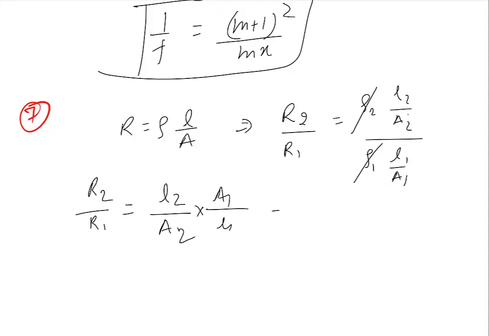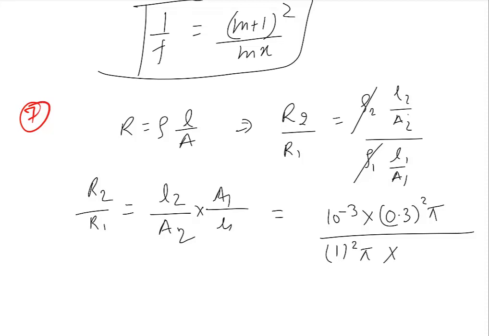Now just put the values. L2 is how much long? 1 millimeter, so 10 to the power minus 3. Area 1 is 0.6 in diameter, so 0.3 squared into pi, and pi gets cancelled anyway. Area 2 is 2 centimeter in diameter, so 1 square into pi, and length 1 is 1 meter long.